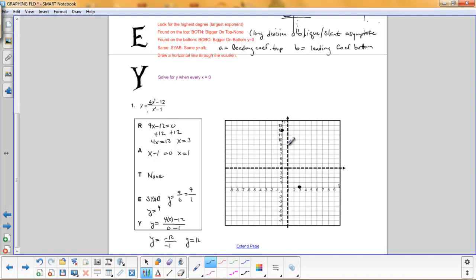Now I've got the puzzle pieces in place. I know that the graph is going to reside either in this spot right here or in this spot right here. You can see by the columns here and here that the graph will be either on the top part of the column or the bottom part of the column. So I'm looking for clues to help me determine where it is. The axis is my clue.